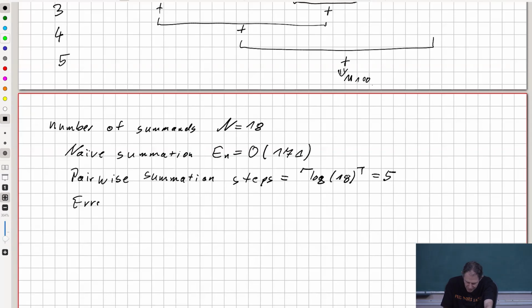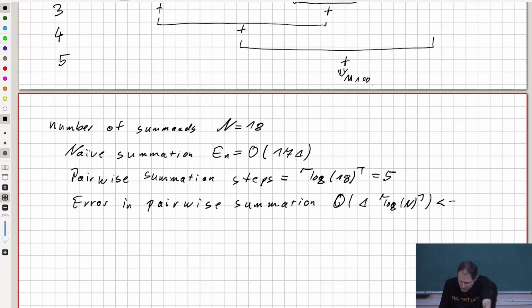So the error in pairwise summation, at least according to this simple model, is of order delta times logarithm of n, which is of course smaller or equal than delta times n. So you should do all your sums in this particular way.